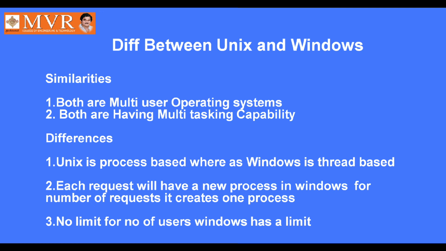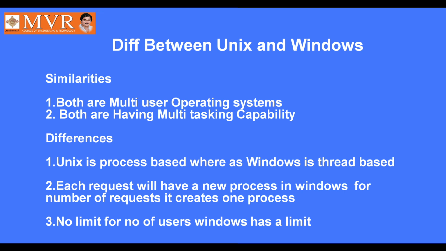In simple words, every task is a process. In Unix, a task is treated as a process and executed. But in Windows, it is called a process-thread based model. You cannot simply call it thread based; it is called process-thread based.